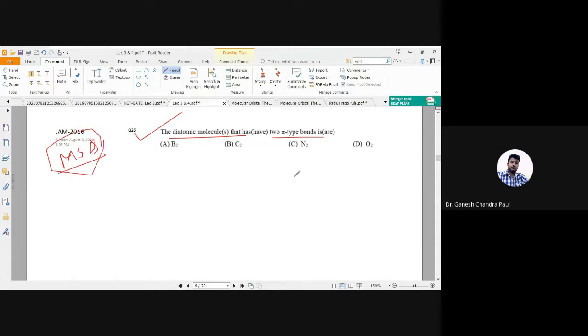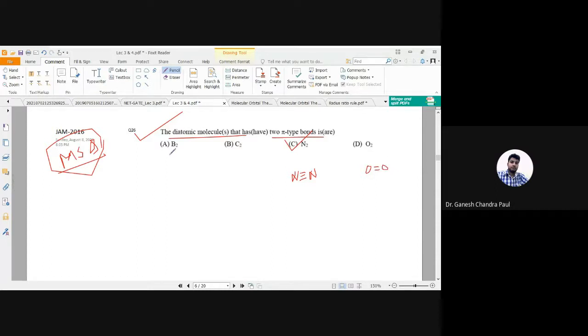Yes, N2 is correct because you know that one sigma bond and two pi bonds are there, so N2 is correct. Another option: if you know the structure of dioxygen, the bond order is 2, so it is one sigma bond and one pi bond.